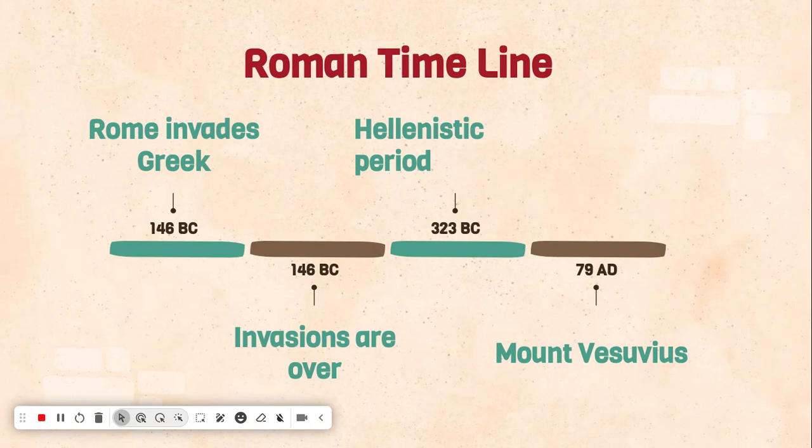And then in 79 AD, Mount Vesuvius erupted over Pompeii, and this left a really important art piece, or just object, of an unknown boy or girl.